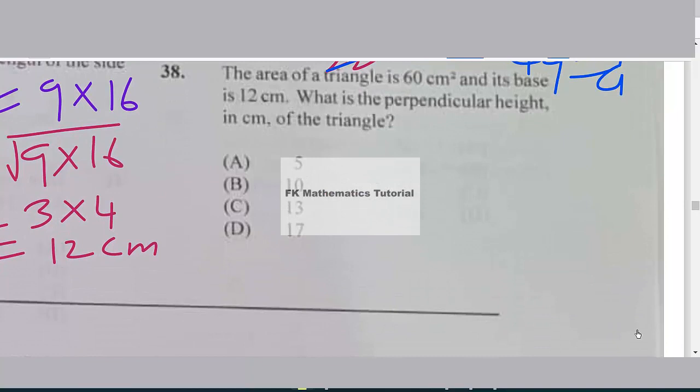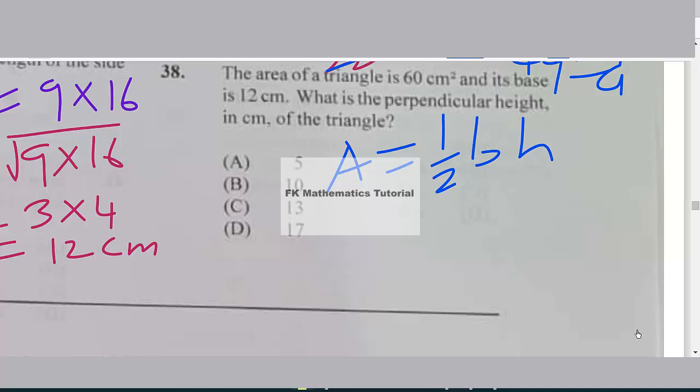The area of a triangle is 60 centimeters square and its base is 12 centimeters. What is the perpendicular height in centimeters of the triangle? So area of a triangle is half base times perpendicular height.